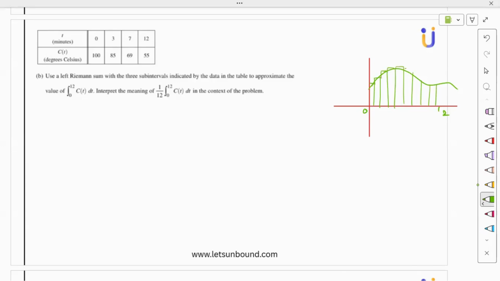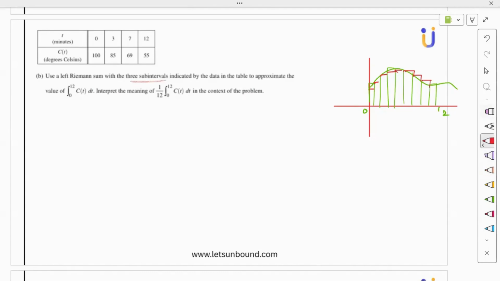But a left Riemann sum means your height will be the left one. What I drew here is actually a right Riemann sum. For a left Riemann sum, you have to complete the rectangle from your left side, so your left-side point will be used for the height of the rectangle. This time they're asking for only 3 subintervals.